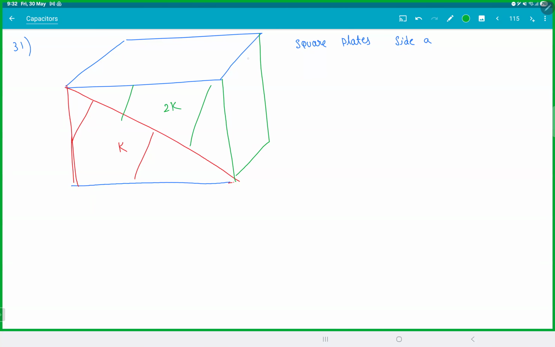This is 2K. Able to visualize how it is? It's like a triangular wedge, and the distance between the plates is D. Find C equivalent. How will you do this?